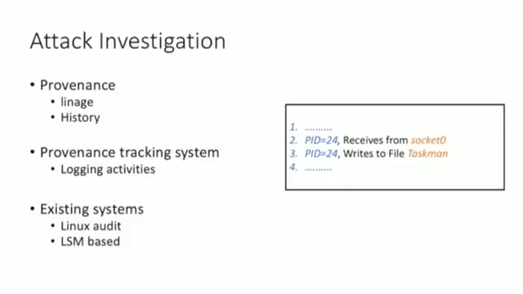For each event, you will have a process and operations on some system objects, like a PID representing one process. The process is receiving packets from some sockets, and the process can write or read files. We do this by monitoring all the system calls through the Linux audit framework, and we can log all the important activities for individual system objects like files, sockets and processes.